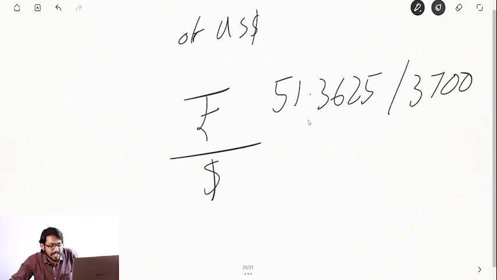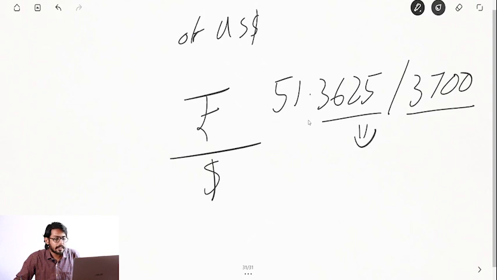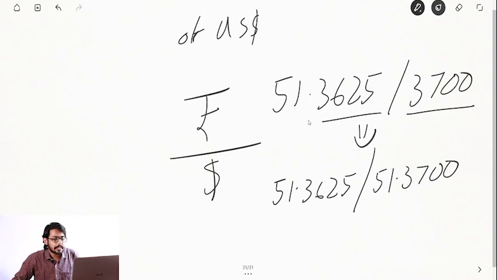When they are giving slash 3700, it means replace the last 4 digits, that is 51.3625 slash 51.3700. This is the bid rate, this is the ask rate.